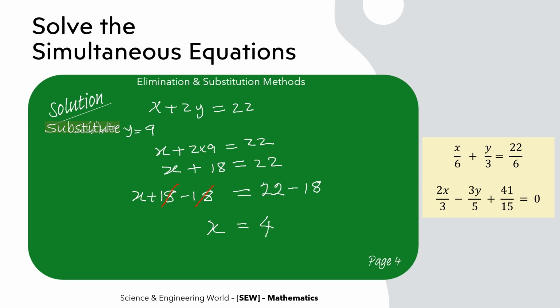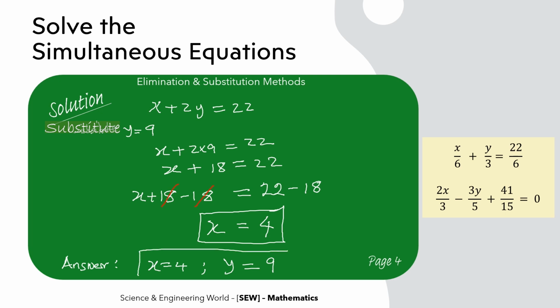So x equals 4. Our answer is now x equals 4 while y equals 9. So this is the answer to the simultaneous equation.